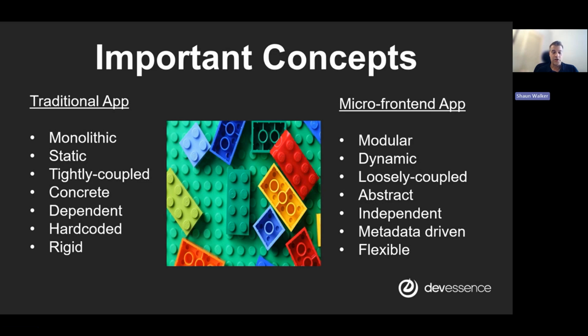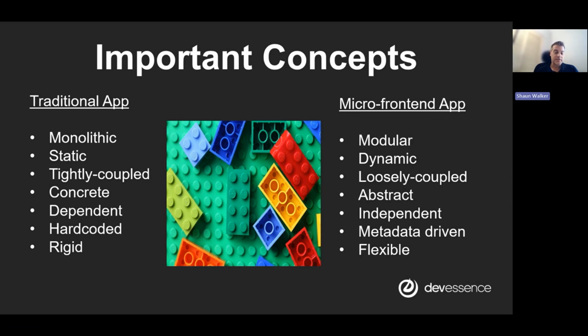They might be SPA applications and have a discrete front end and back end, but they are not micro front end applications. They are a lot more static in nature. They're tightly coupled. They tend to be more concrete in their implementation. They have a lot of dependencies, and those dependencies are hardwired to one another.